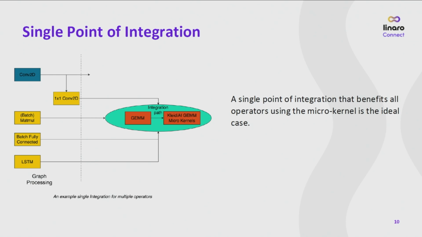That is what we ideally want. If your framework has to do one integration for conv2d and a separate one for batch fully connected or batch matrix, that's really not a scalable solution. So we find the common part. We find multiple operators which need a single optimization and have a single integration for all of that. That would be an ideal integration case.